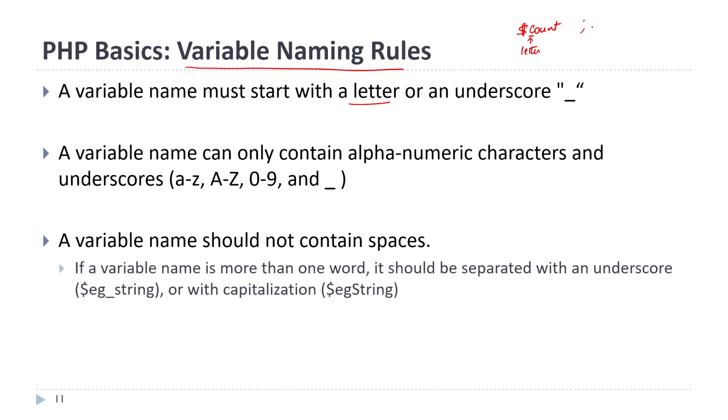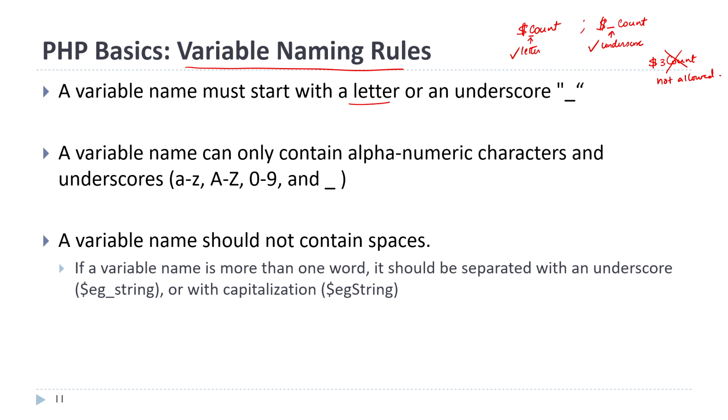I can also write $_count, this is also possible, it's an underscore. Both of these are allowed. But if I write $3count, it is not allowed. I can only start with either a letter or an underscore.